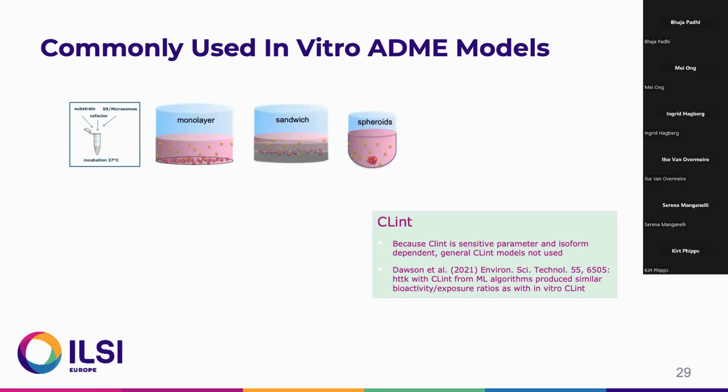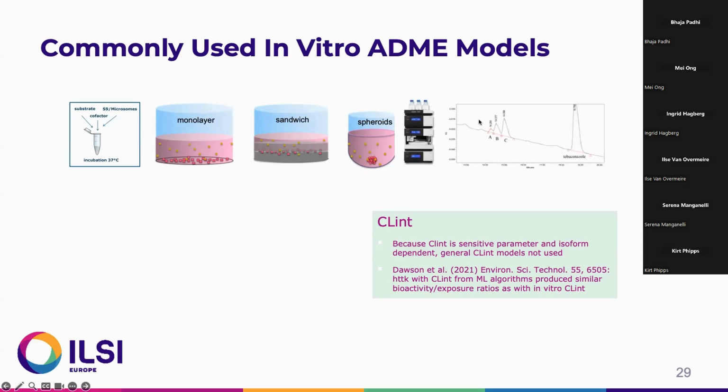The way you can do that is usually using hepatocytes or subcellular fractions of the hepatocyte, or if you're interested in extrahepatic metabolism, then you would also use tissue like the intestinal tissue, and you can add the compound and see how fast it gets metabolized in time.